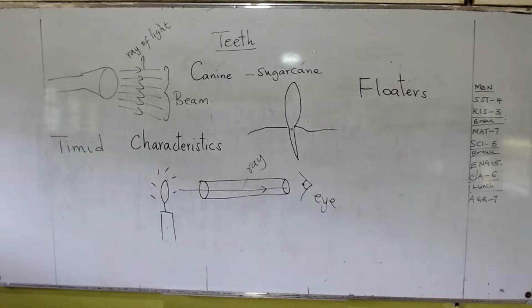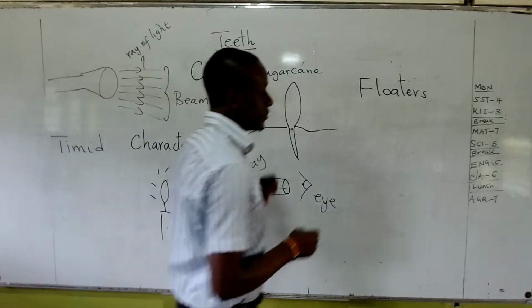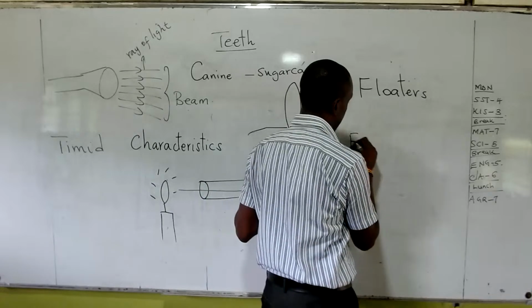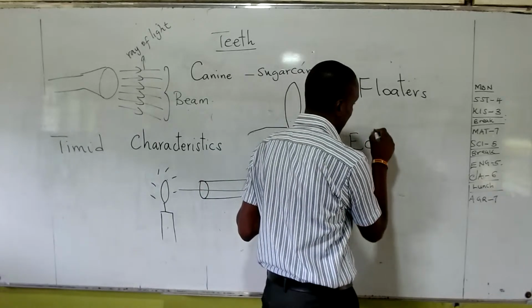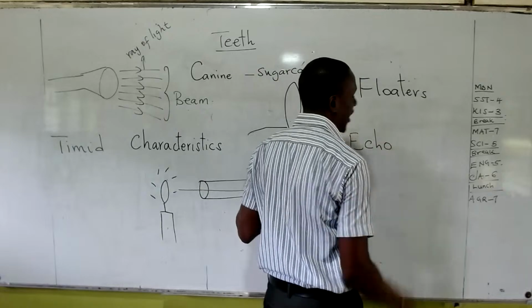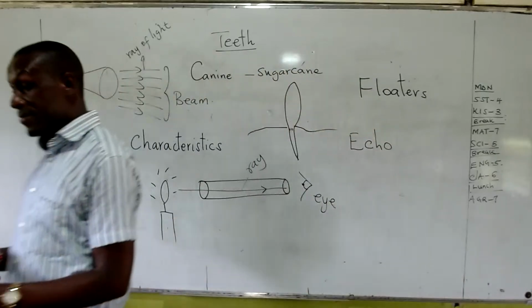How do you spell echo? E, C, H, O. Echo. Are you together?